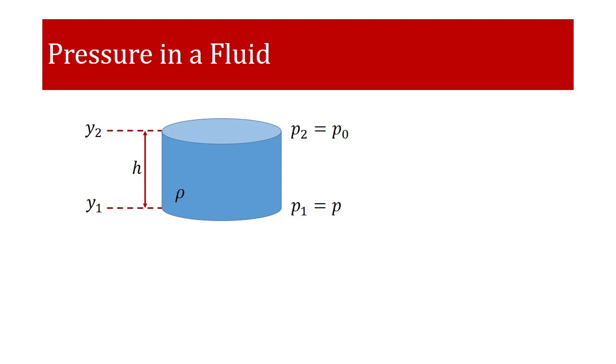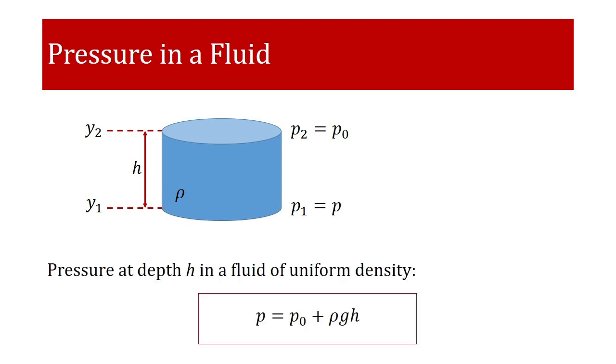Then the previous formula can be simplified as follows. We can get the pressure at a depth h in a fluid of uniform density. Pressure P is equal to P0, the atmospheric pressure, plus rho g h: the density of the fluid, the constant 9.8, and the height of the fluid.